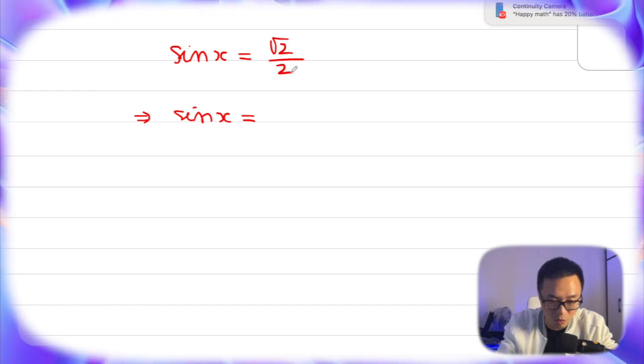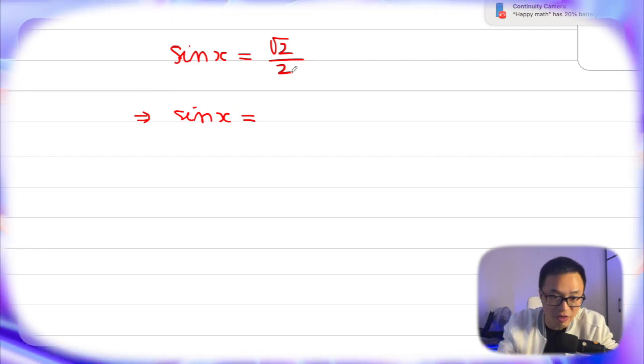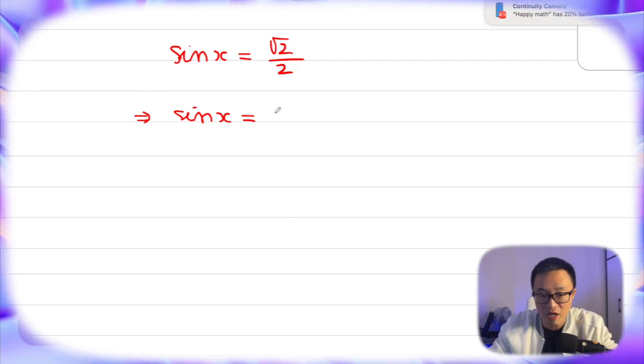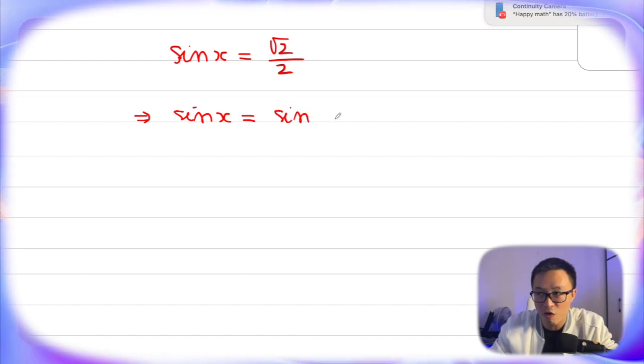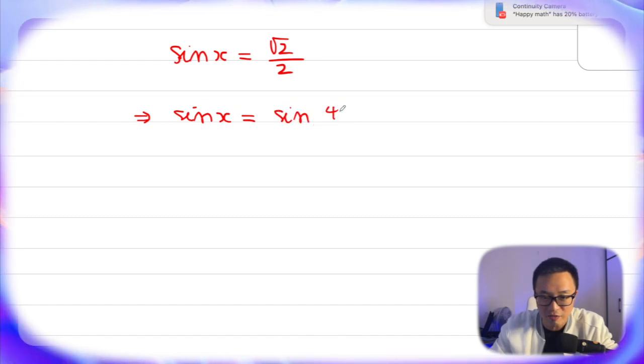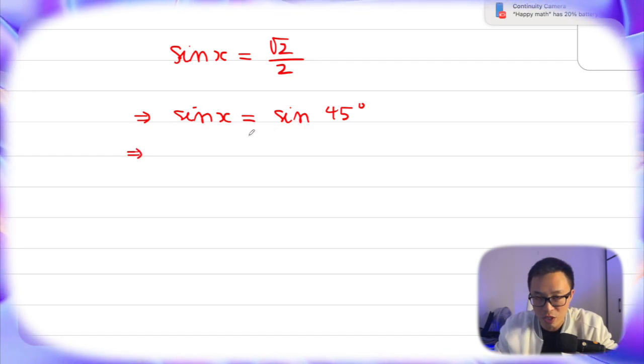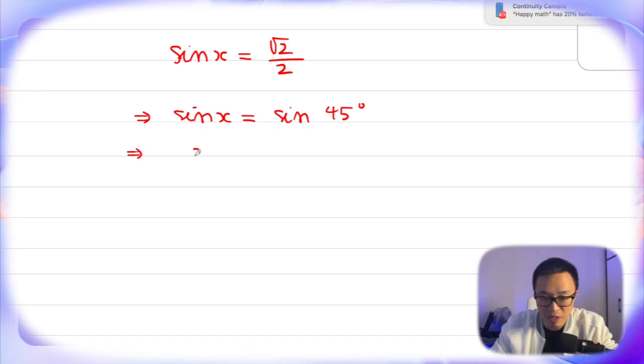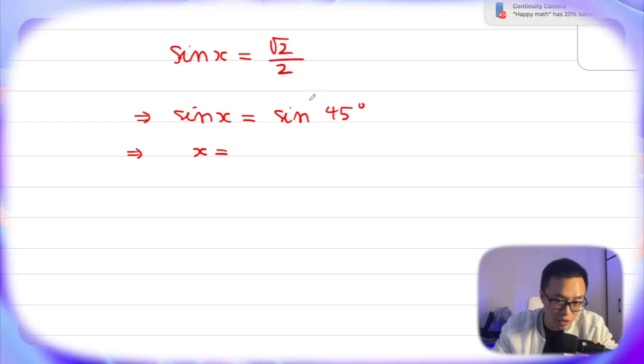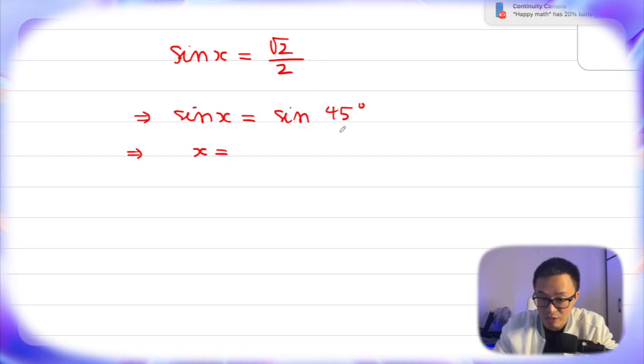Okay, square root of 2 divided by 2, and then taking the inverse function of sine gives 45 degrees. This is not 44.4 anymore, this is 45. And you get two positions of angles. This means the original angle here will be 45.